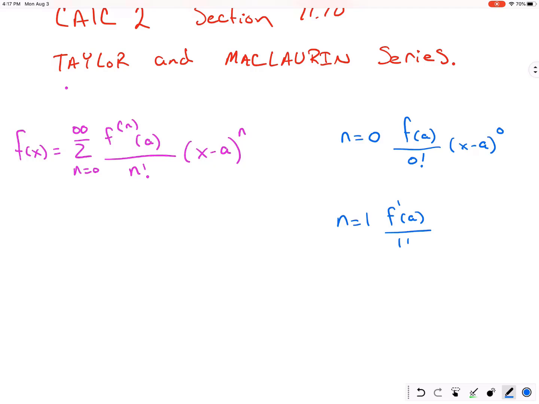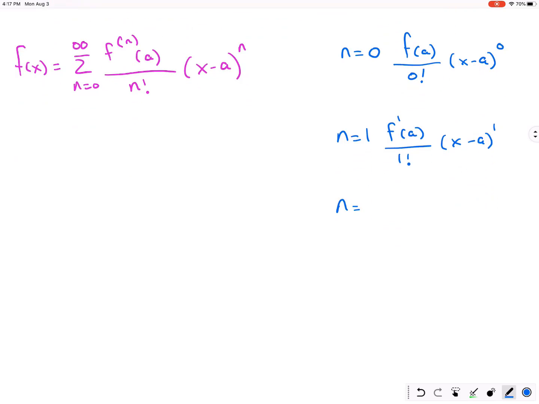When we have n equals 1, we have the first derivative evaluated at a divided by 1 factorial, and multiply that by x minus a raised to the first. When n equals 2, we have the second derivative evaluated at a, and we divide by 2 factorial. We multiply that by x minus a raised to the second, and so on and so forth.